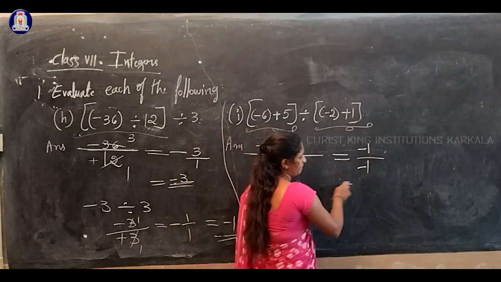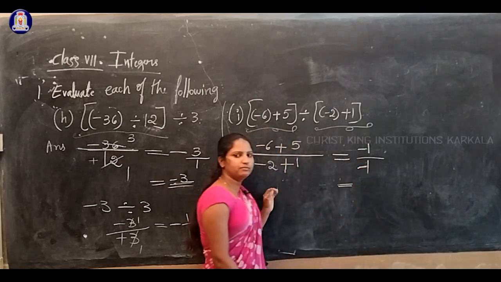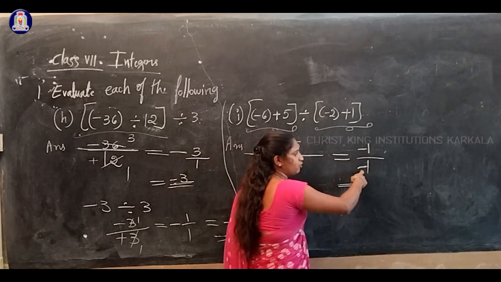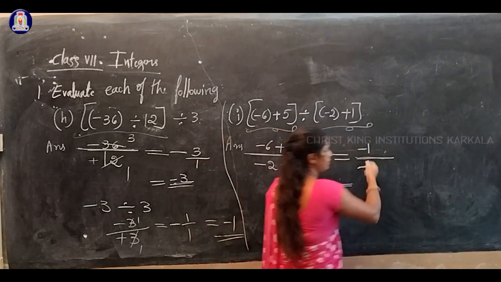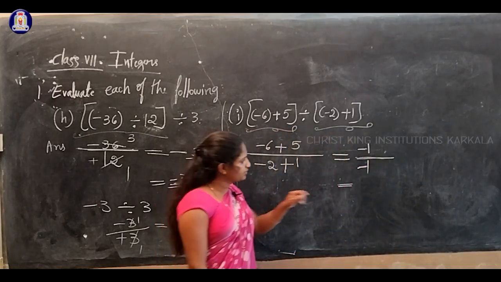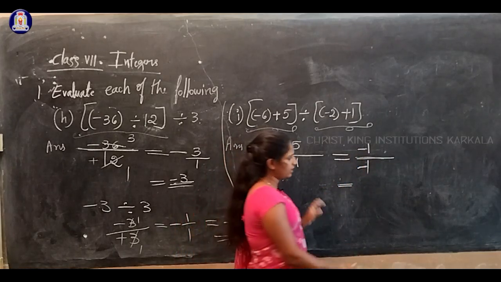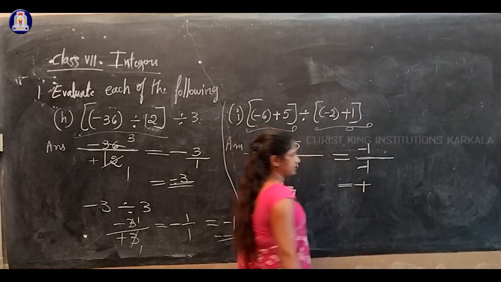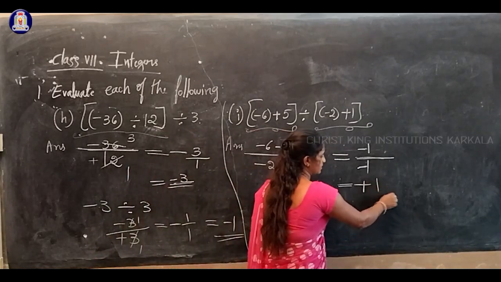Now see, minus minus, the same sign in both numerator and denominator, and this is division. So in division minus minus is plus. 1 by 1, that is 1.